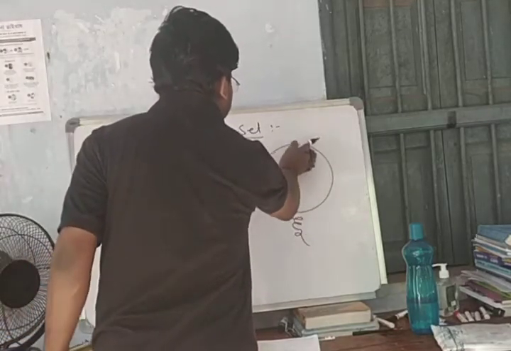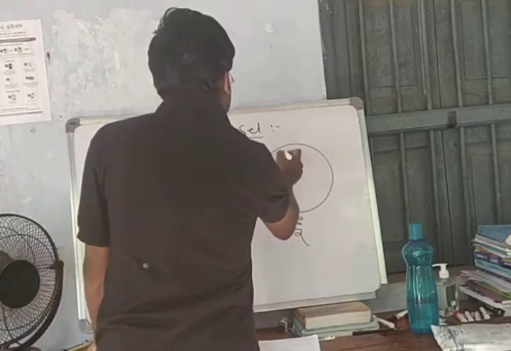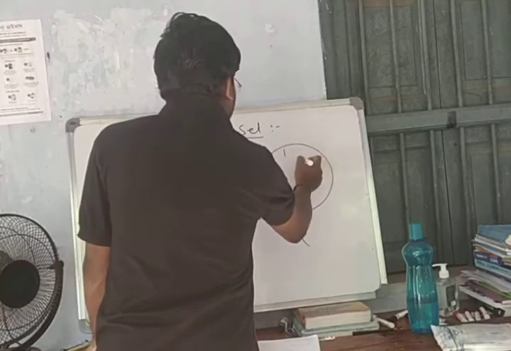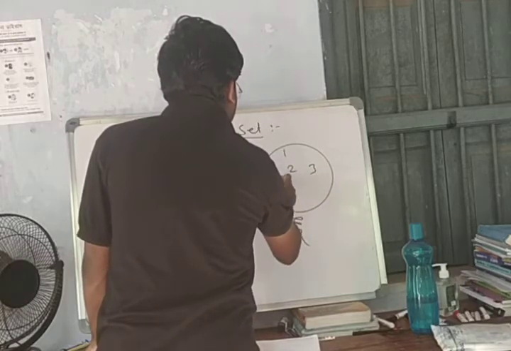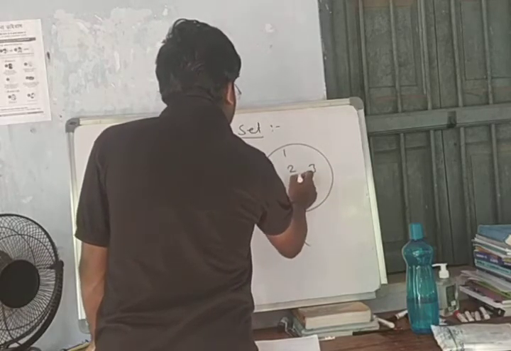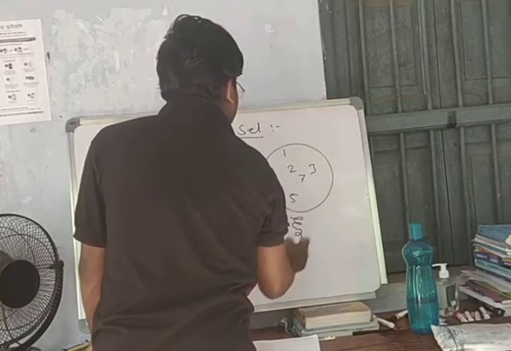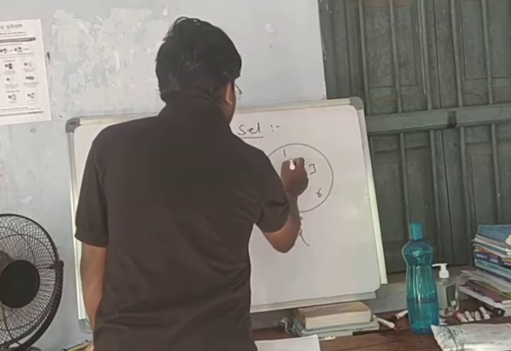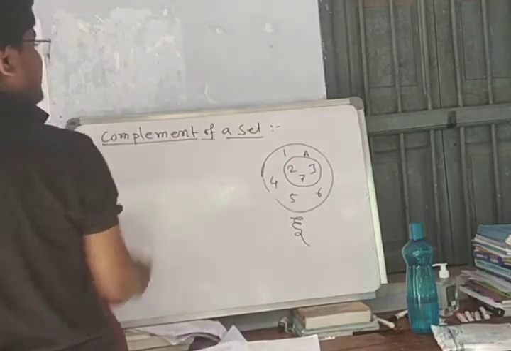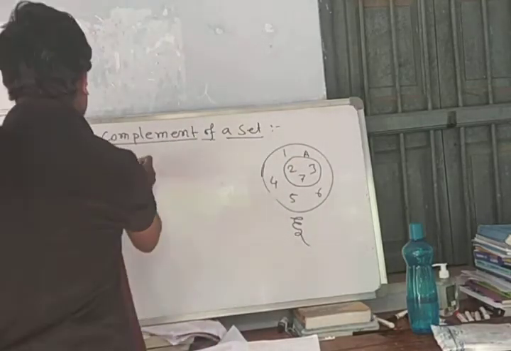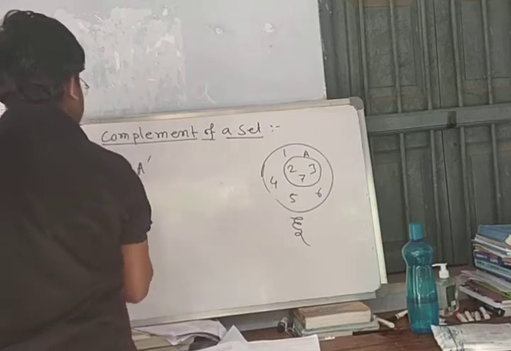If I tell you the universal set is the natural numbers 1, 2, 3, 4, 5, 6, and this is a set A, then the complement of set A will be A dash.